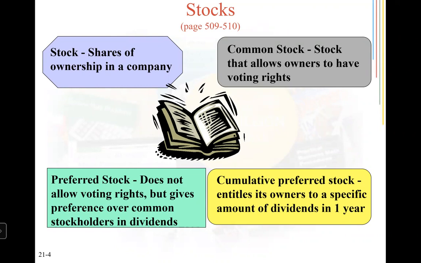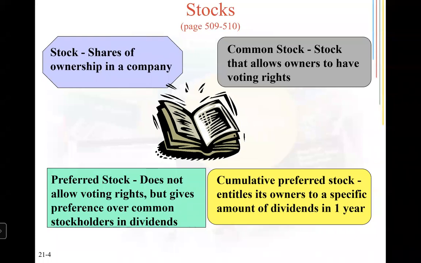Now there are two. Well, there's a common stock. Common stock allows the owners to have voting rights. So persons who have common stock, usually every year, there's what is called an annual general meeting, or AGM.